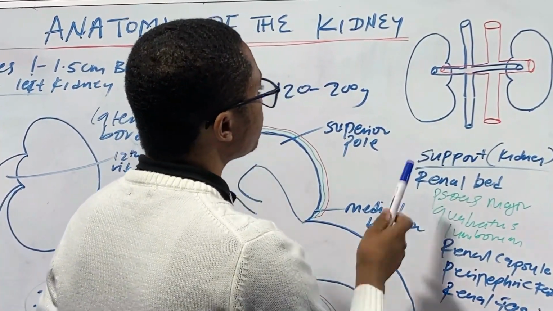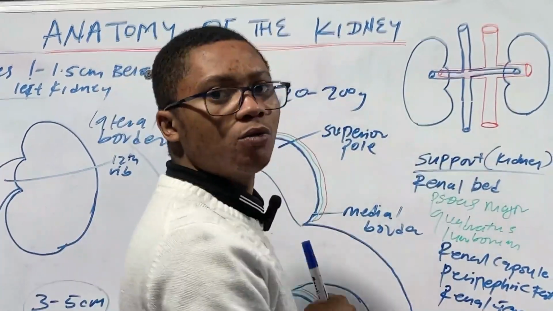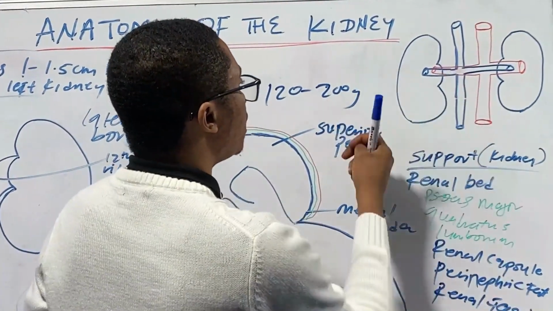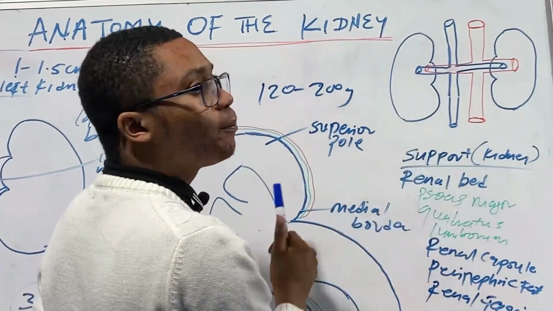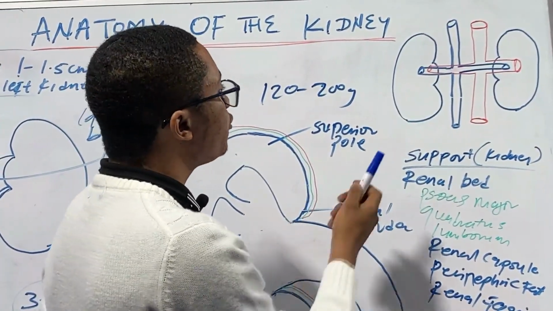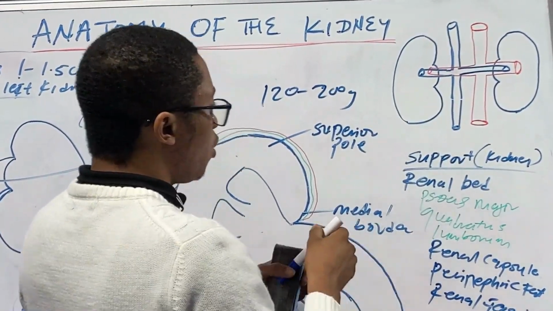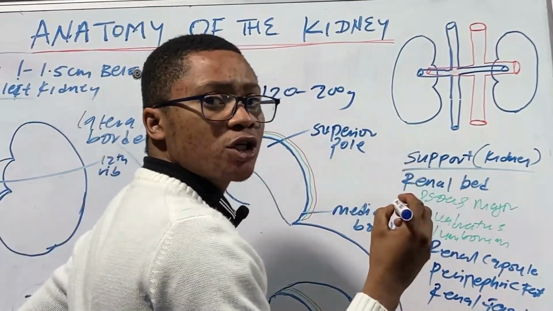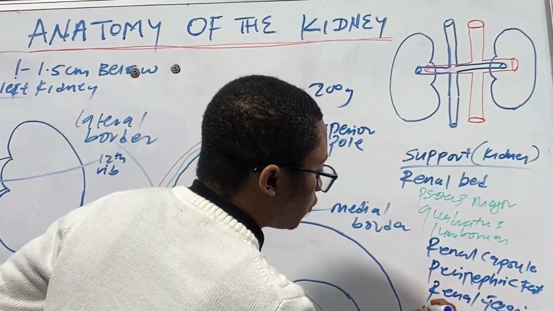All right. Now, what happens laterally? Laterally, it joins with the post-renal fascia, also called the Zuckerkandl's fascia. So let me just write the other names of these fascias.